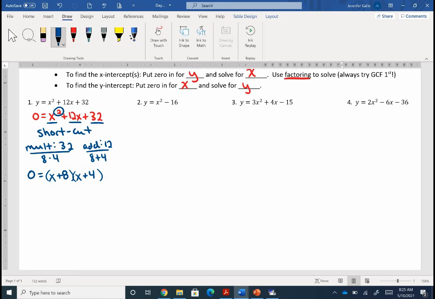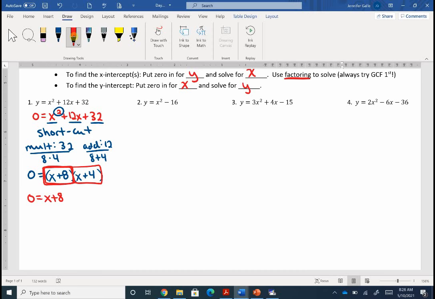So here's what we have to think about. We are multiplying these 2 things together. One of those 2 things needs to equal 0, and that whole side will equal 0. So if I can get x plus 8 to equal 0, this first term right here, if that's a 0, 0 times x plus 4, I'm still just going to get 0.